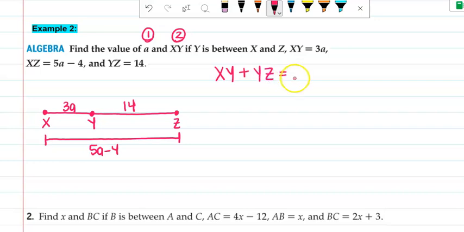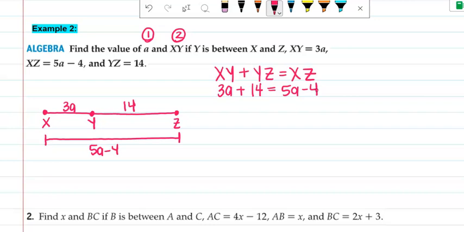When we put those together, we get the full length of XZ. So instead of having actual numbers for all of them, we have some expressions. So XY, it told us, was 3A. YZ is 14, and XZ was 5A minus 4.